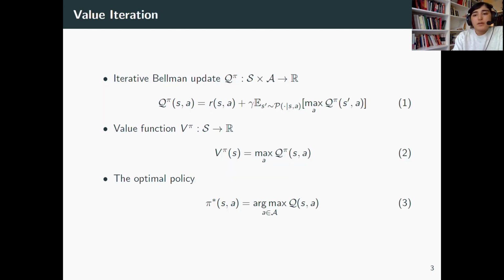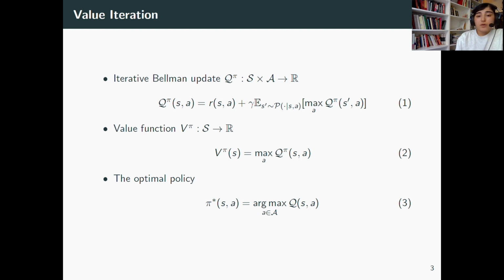So the goal here is basically to learn for each state action pair a value: in state S, if I pick action A, what will be the expected cumulative discounted rewards that I will receive. And this is achieved by iterative Bellman update.